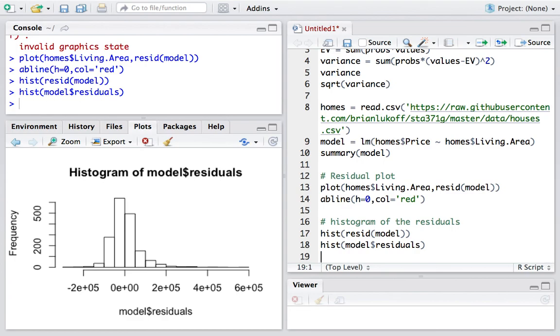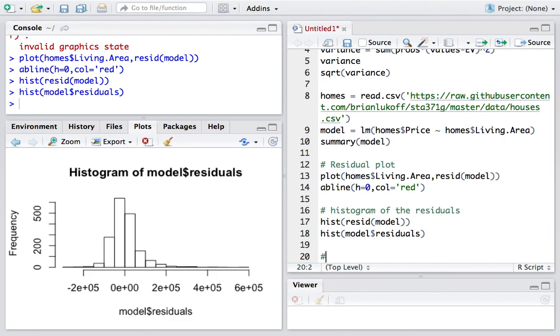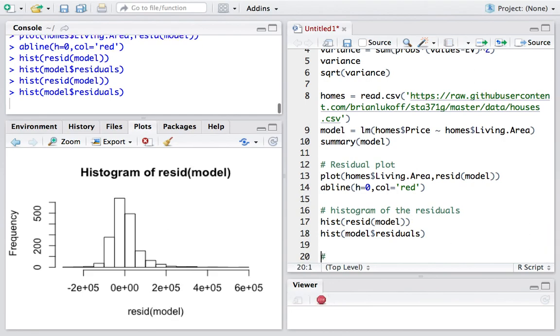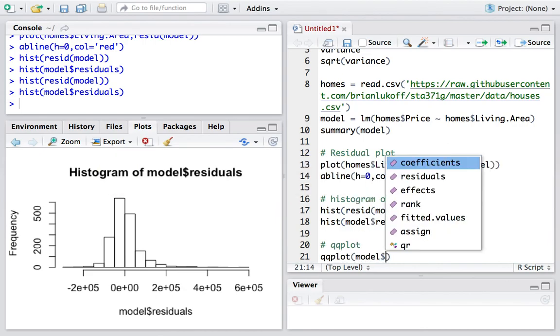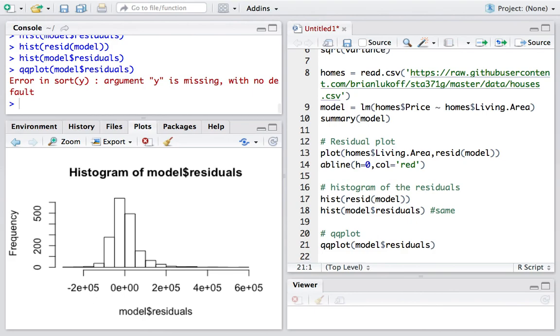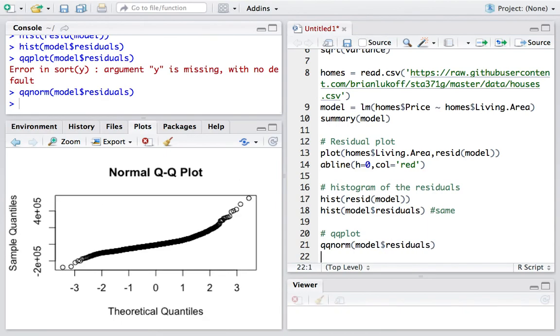Pick your favorite, remember that one. And lastly, the QQ plot. Excuse me, qqnorm. And then you get the line by doing qqline.